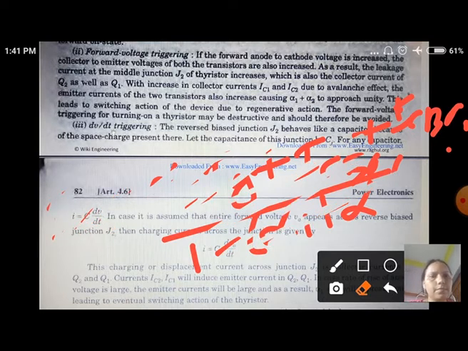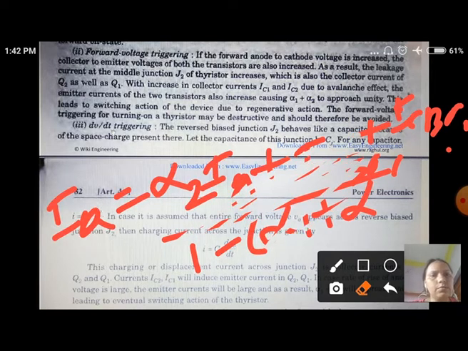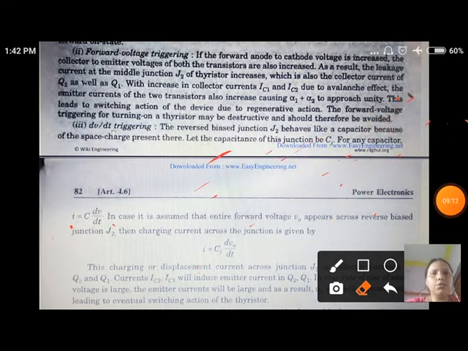In dV by dt triggering, the reverse bias junction J2 behaves like a capacitor because of the space charge present across the junction J2. So let the capacitance of this junction be Cj. Okay, and for any capacitor, the current is equal to C into dV by dt.